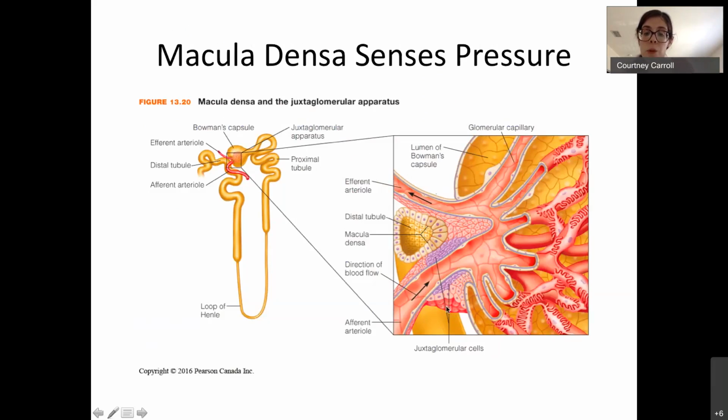And the other cells, which we will come back to when we talk more about regulation, are our juxtaglomerular cells, our JG cells right here. So the afferent arteriole can sense increased flow itself, and the macula densa cells will sense it. Both of them will work together to decrease the space of the afferent arteriole, to vasoconstrict, so that we can decrease our GFR and keep it constant.